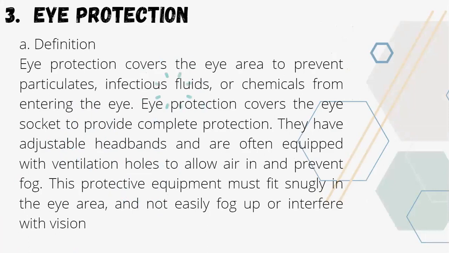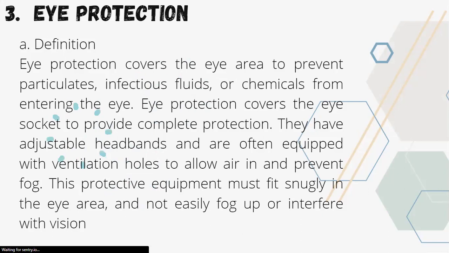They are adjustable and often equipped with ventilation holes to let air in and prevent fog. The protector must fit safely in the eye area and not easily fog up or interfere with vision.